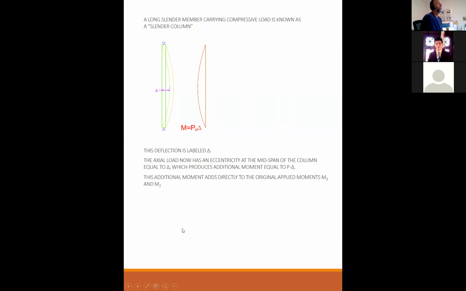This additional moment adds directly to the originally applied moments M1 and M2. So now M1 is still what it was, M2 is what it was, but instead of that straight line, we now have this added. I've added this to the previous diagram. So this is the total.